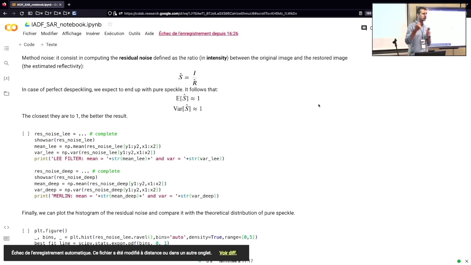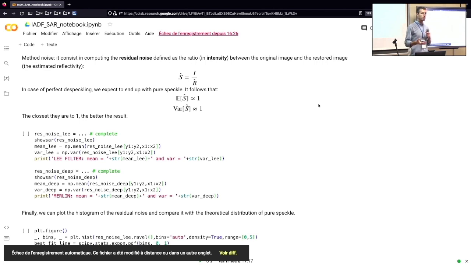Since we have estimated the reflectivity, so we have R hat, and we have the original intensity, we implicitly have estimated the speckle component that was affecting our image. So if we do the ratio between the original image in intensity and the restored image, which is the estimation of the reflectivity, you get an estimation of the speckle component.